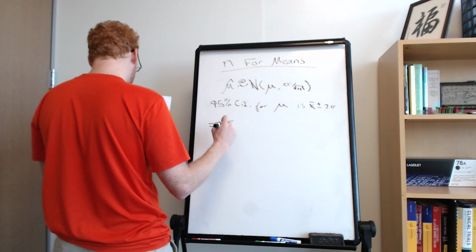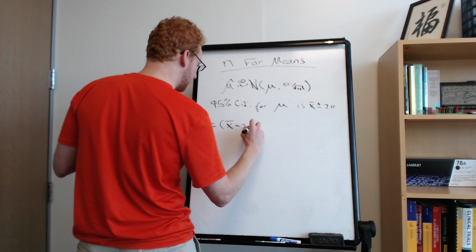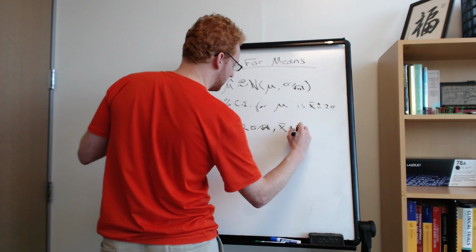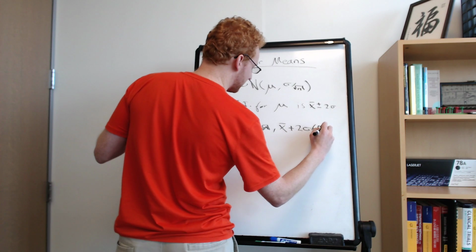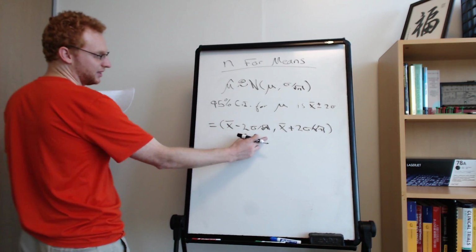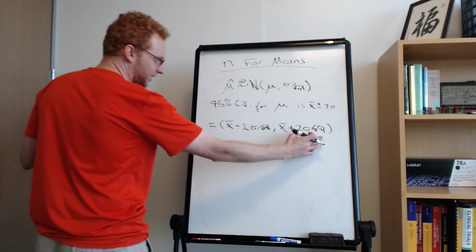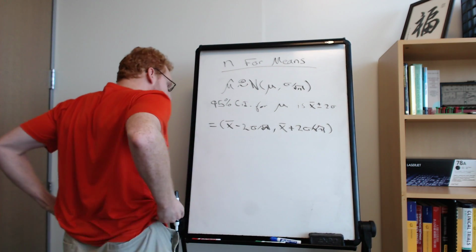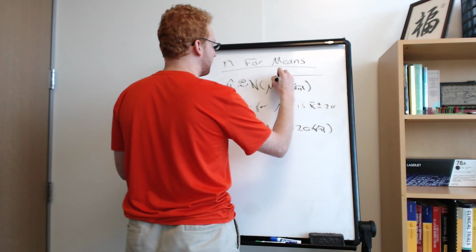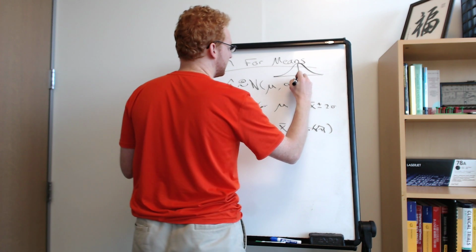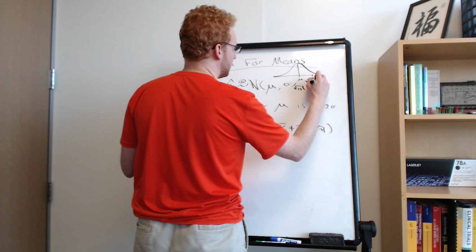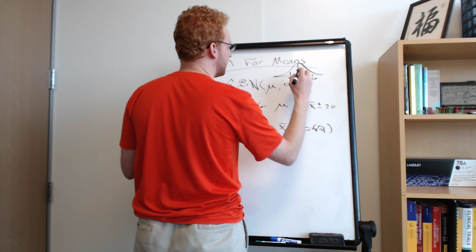It'll be x bar minus 2 sigma over root n, and x bar plus 2 sigma divided by root n. So the sample average minus 2 standard deviations and plus. So now the width of this confidence interval, we draw it, we're going to have mu, 2 sigma, 2 sigma.